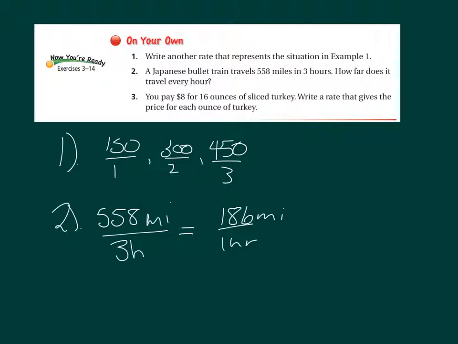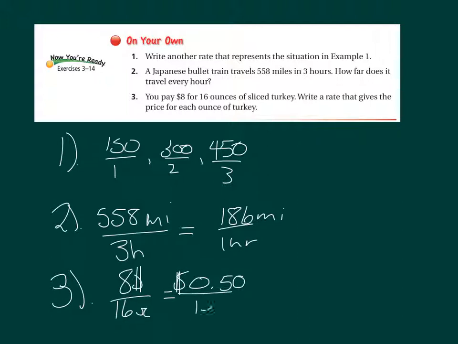So if I know that I paid $8 for 16 ounces, I have to divide by 16. So if I take 8 divided by 16, I think we all know what we get. We would get 0.5, so we would get 50 cents, basically. So 50 cents is what that costs per ounce.